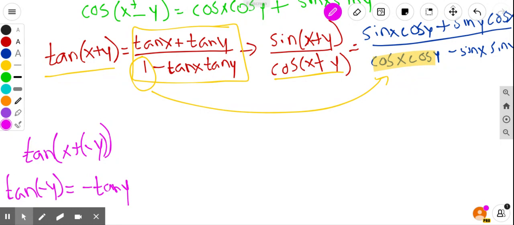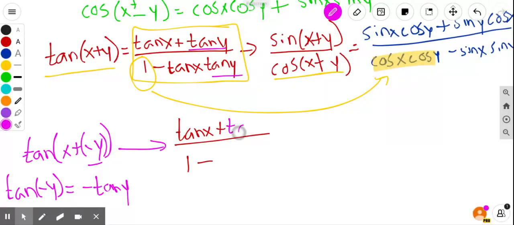All right. So since I'm adding, I'm just going to go ahead and replace all the tan y's with a negative y. So I should have tangent of x up top, 1 at the bottom, currently have minus, currently have plus, tangent of a negative y, tangent of x, multiplying a tangent of negative y. All right. So if I do this, then I can go ahead and employ this identity now.